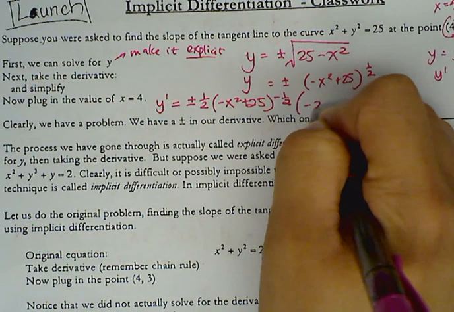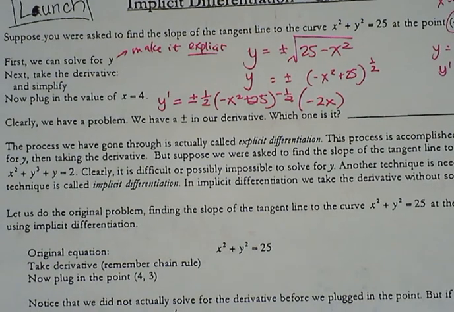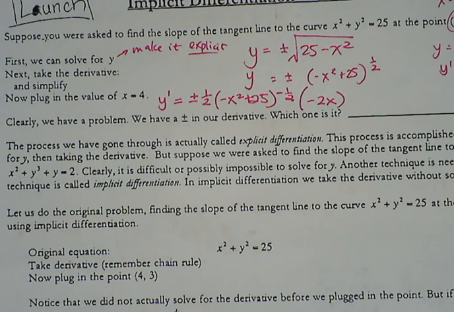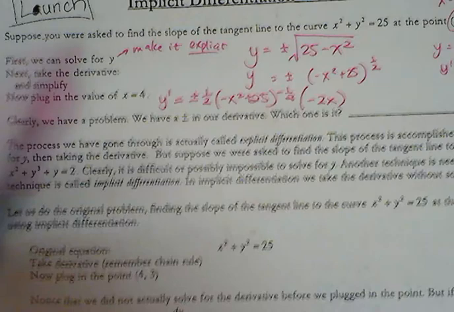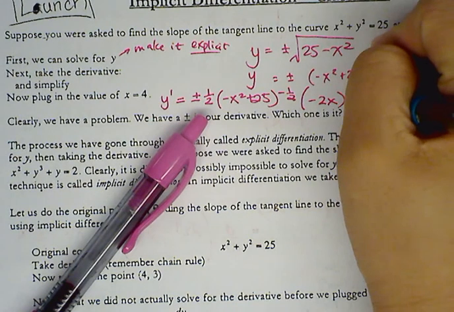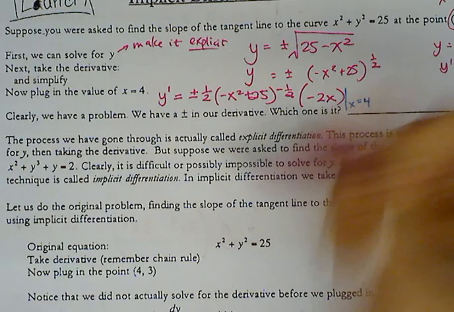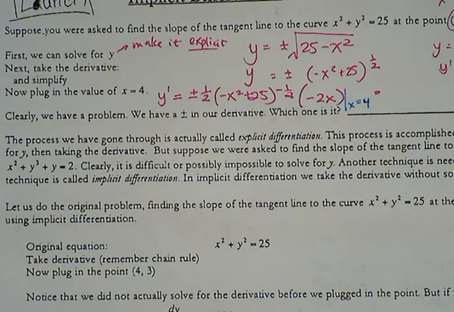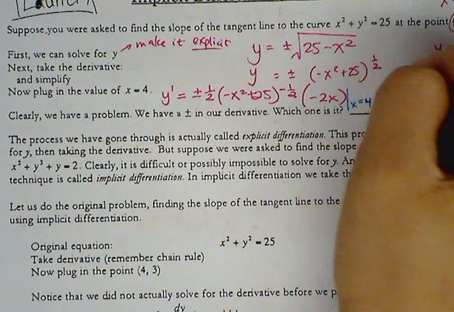So you have negative x in front. And then we're going to evaluate this at x equals 4. So you plug in there. What are we going to get?